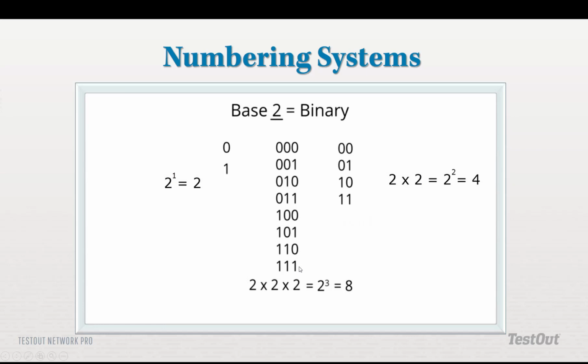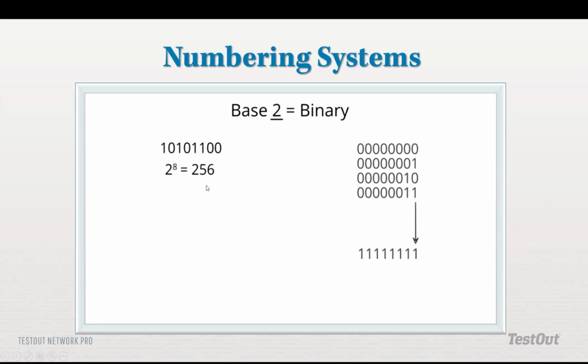This would be 7 in here. You can see a little example how things go. And 2 to the 3 is 8 in here. And again, 2 to the 8 over here: 1, 2, 3, 4, 5, 6, 7, 8, which is 256. This is 255, by the way, because you're starting at 0.